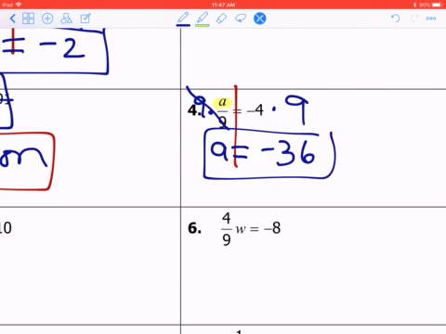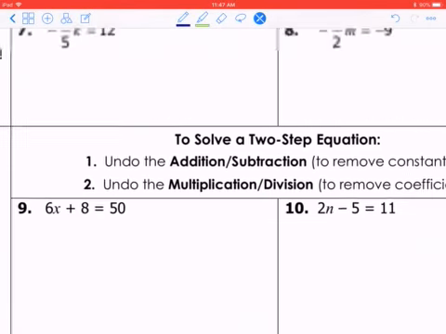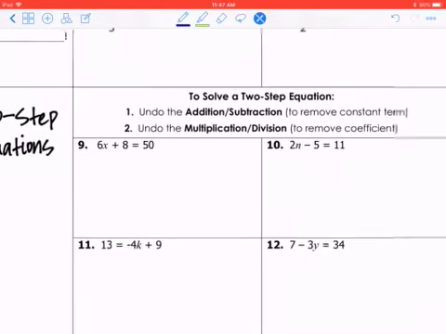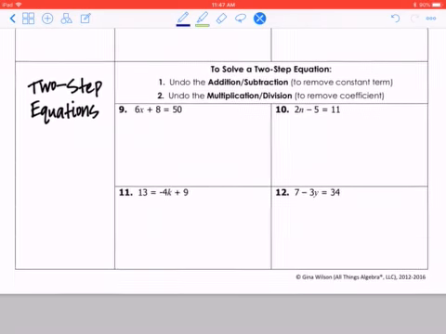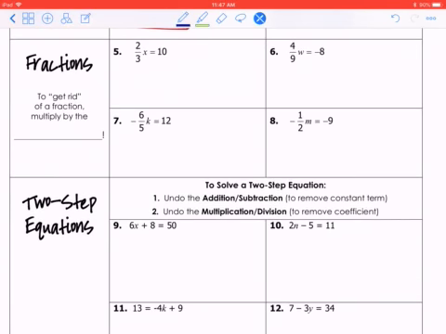We're going to jump down now to the two-step equations. Oh, you know what? I'm actually going to show you that. We can do it this way. Let me simplify. Just move this down. Right here. So before we get to the two steps, we need to do fractions. I almost forgot. So if you have a fraction like in numbers 5, 6, 7, and 8, we have this 2/3 or 4/9, negative 6/5, negative 1/2.